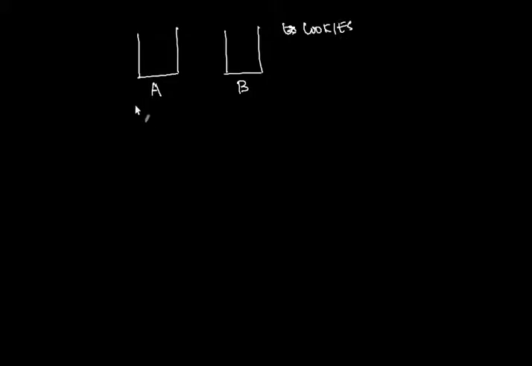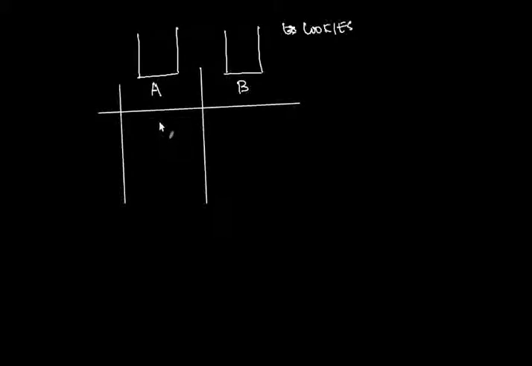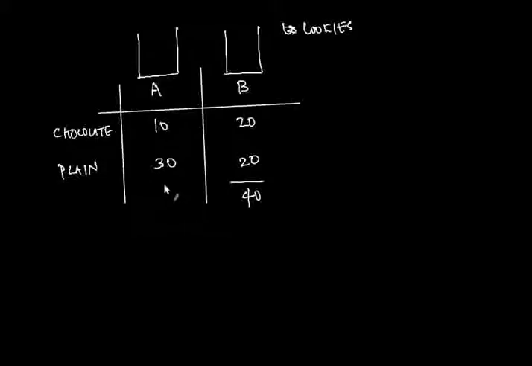And what we are told is that bowl A has 10 chocolate cookies and 30 plain cookies. And bowl B has 20 of each, right? So the total is 40 for bowl B and 40 for bowl A. So each has 40 cookies, but that's how they're distributed.